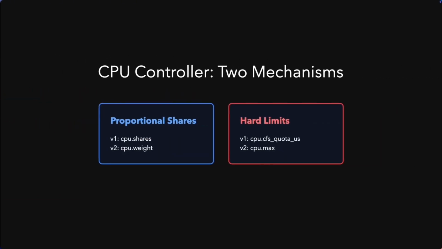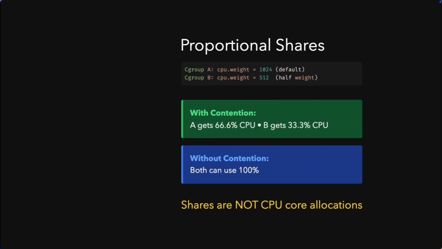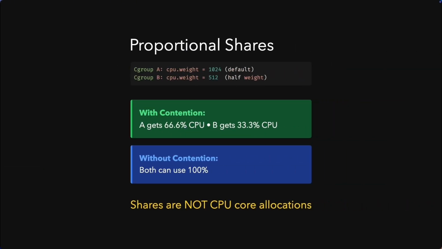The CPU controller integrates with the Linux Completely Fair Scheduler, CFS. Two mechanisms. First is proportional shares. It is cpu.shares in v1 and cpu.weight in v2. There are two cgroups competing for CPU, and shares are not CPU core allocations, they are weights in a lottery.